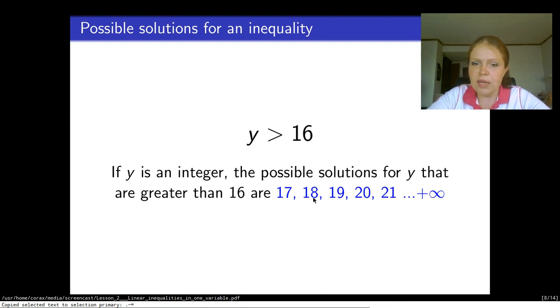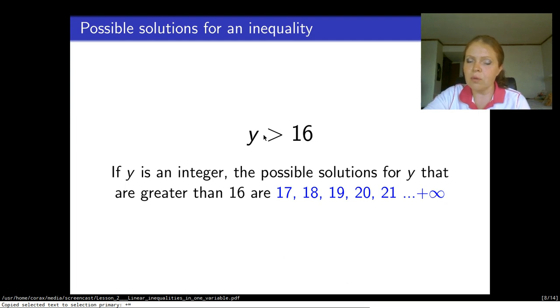Yes, it's greater. Is 18 greater than 16? Yes, it's greater. And also 21 and 100 and 110 and 1000 and whatever. All of them are greater than 16. And this one, positive infinity, these are really big numbers. 1 million or 5 billion, billions, they are bigger than 16, right?